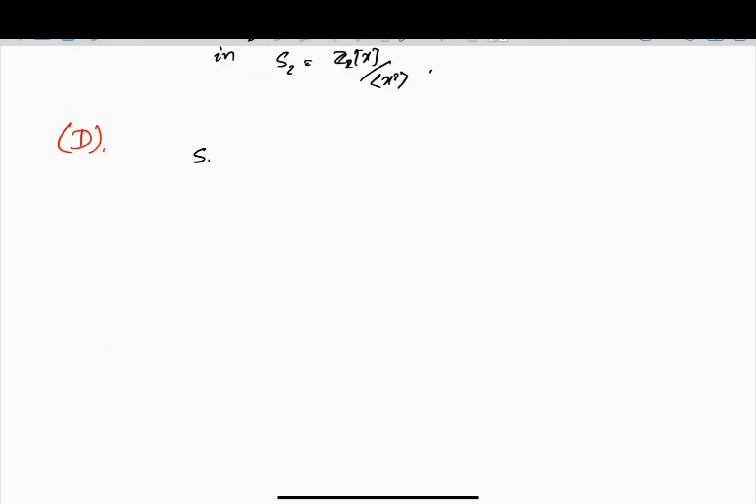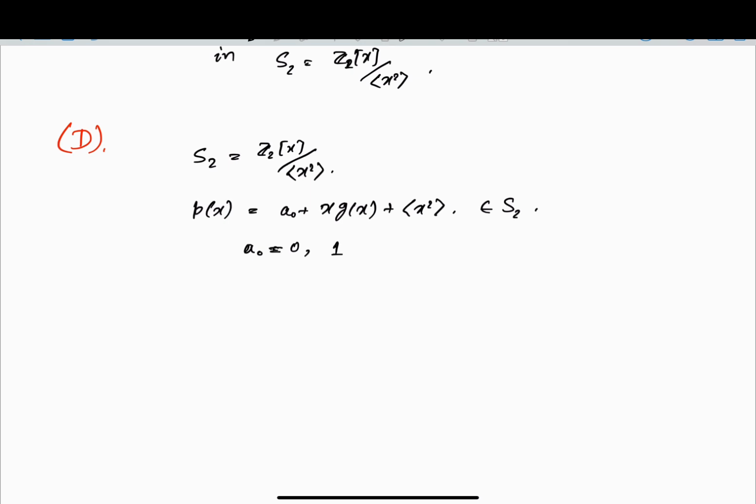So in S2, how will the general element look? p(x) in S2 can be written as a naught plus x g(x), this coset, right? This is in S2. What will be a naught? a naught is 0 or 1, right? Because this is in Z2.